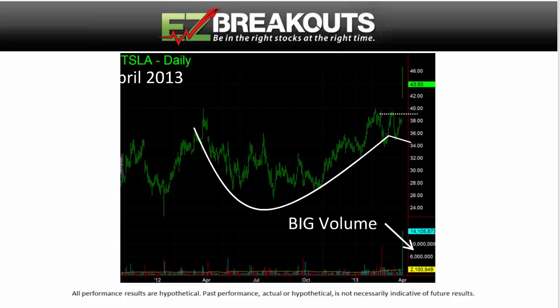I would just say that they do occur in every market. In stocks, in my opinion, they have a much more important meaning, because when it comes to stocks, I don't want to go into a deep explanation of this now, but the number of shares in any given stock is fixed.